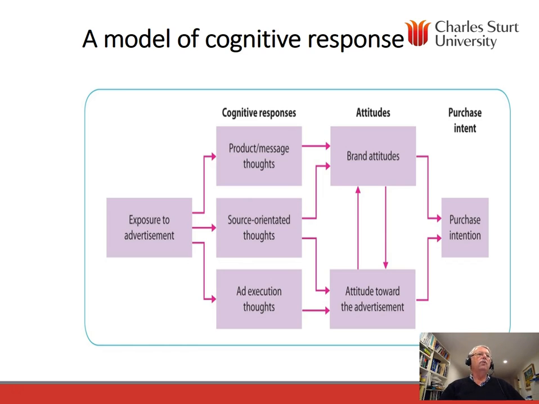A model for cognitive response. Basically, we're looking at exposure to the advertisement. We're analysing the product or message thoughts, the source-oriented thoughts, and also the ad execution thoughts. And when we analyse these product, source-oriented and ad execution thoughts, then we can come to better understand the kind of brand attitudes and also the attitudes towards the advertisement.